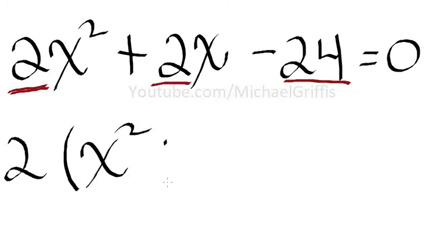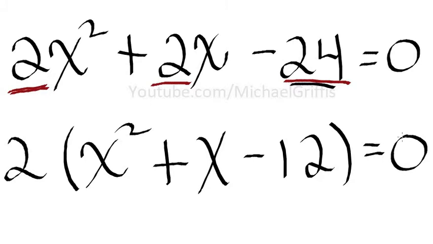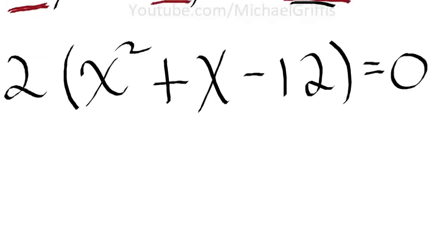Rewrite. And 2 goes into 24 twelve times. Rewriting, equal to 0. Now we can factor what's in parentheses here.